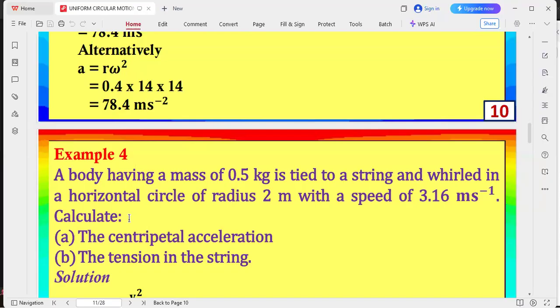This is a force experienced by a body towards the center of a circle that retains the body on a circular path.